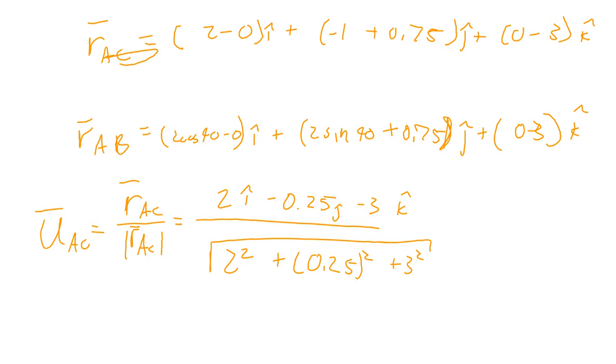And then we can immediately jump to writing this. Well, force AC is equal to the magnitude of AC, which is 400, times this. Right? And that works out. It makes sense because this is a vector and force AC is a vector, so multiplying by this magnitude gives us another vector.